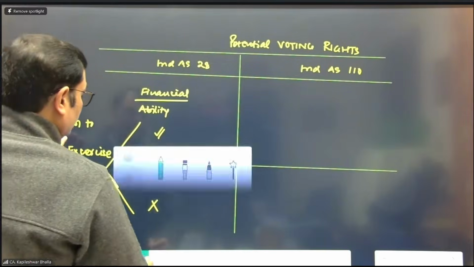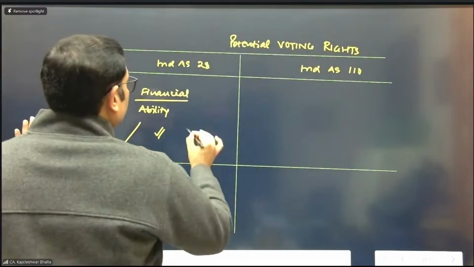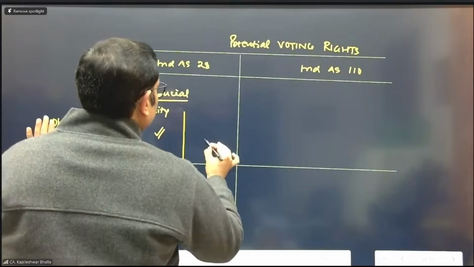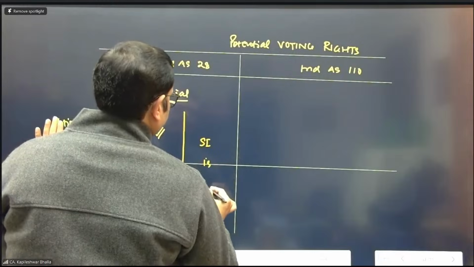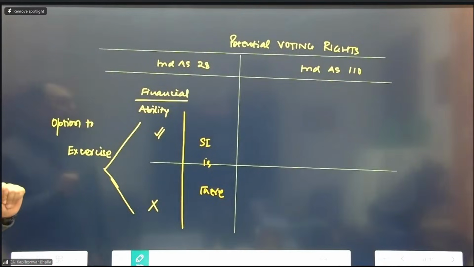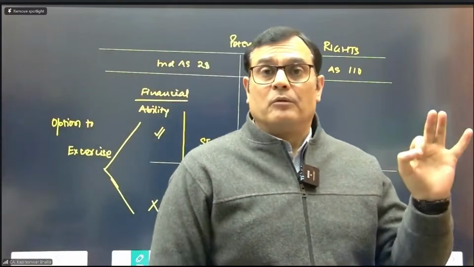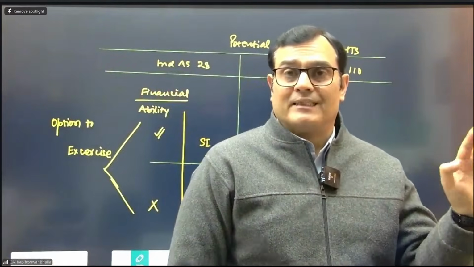So in terms of Ind AS 28, whether financial ability is there or not, we can say significant influence is there. It does not make a difference to me whether financial ability is there or not. You have got exercisable rights. That's enough for my assessment.